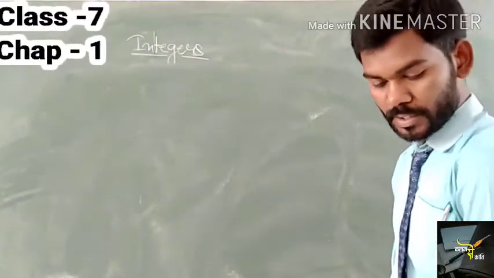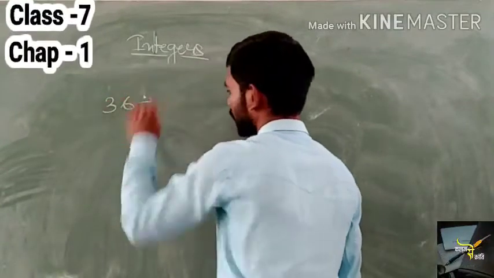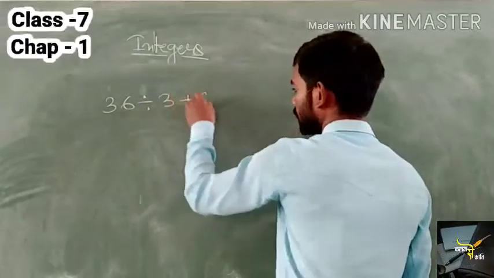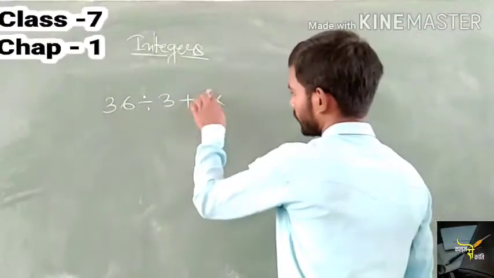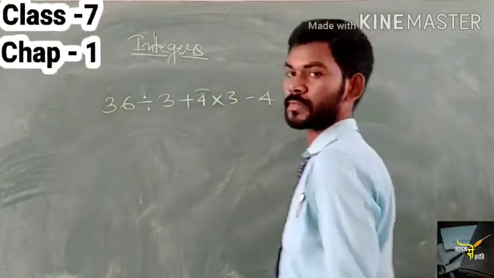Let us see a very simple question. 36 divided by 3 plus 4 multiplied by 3 minus 4.